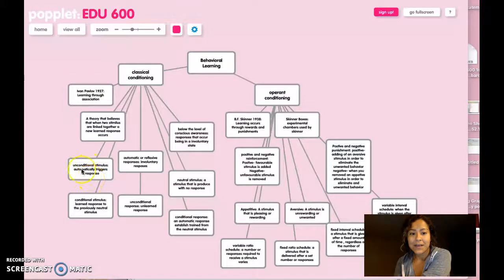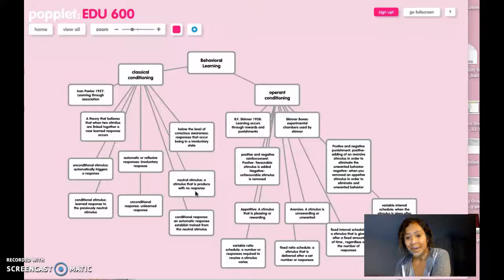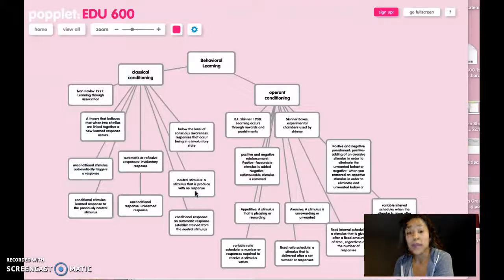And the salivation that came when they saw the meat was the unconditional response, which is right over here. Then when he brought up the bell, it was just neutral. It gave no response. However, during training, he brought out the bell, and the bell now becomes a conditional stimulus, which is right over here.